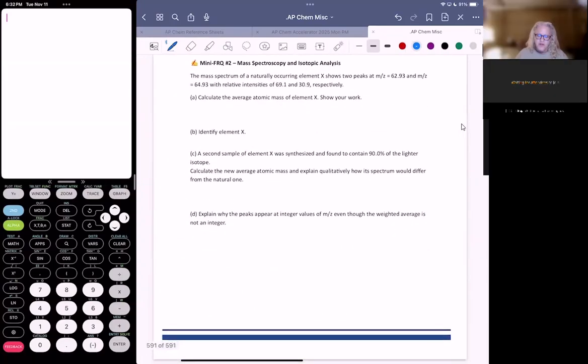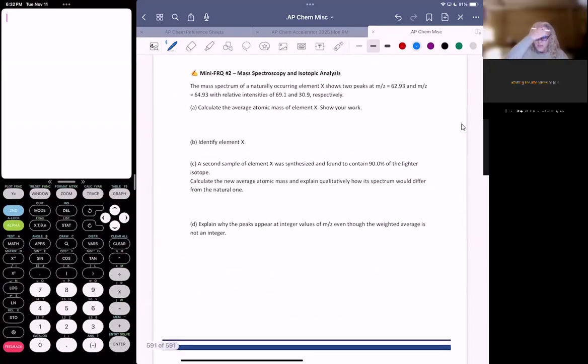Mini FRQ number 2, mass spectroscopy and isotopic analysis. The mass spectrum of a naturally occurring element X shows two peaks at 62.93 and 64.93 with relative intensities of 69.1 and 30.9 respectively. Calculate the average atomic mass.